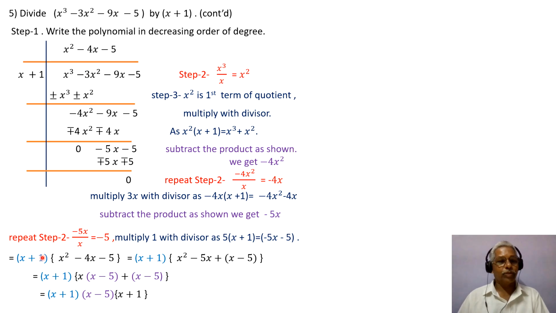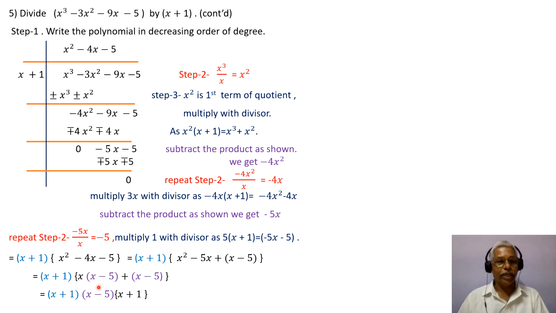So x plus 1 into this, we know this. Now factorizing this part here, we have done this. X square minus 5x plus x minus 5. I am writing minus 4x as minus 5x plus x, and then taking x common, I am left with x minus 5, and 1 common, we get x minus 5.